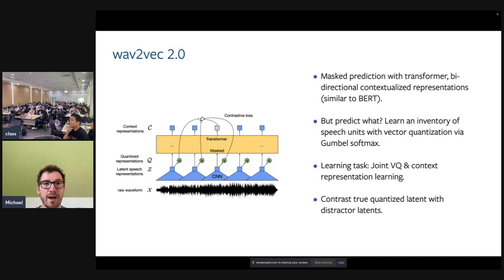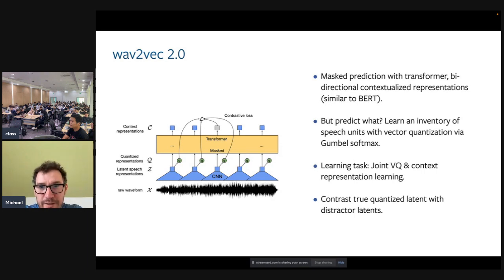and then we try to predict at the top with a contrastive loss, which I'll talk about in a second, which one of those quantized units is behind a masked one. So we're not really predicting the actual waveform, but rather a discrete representation of it.